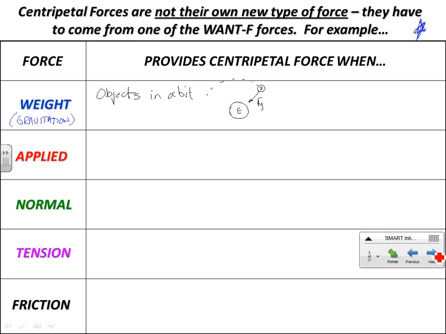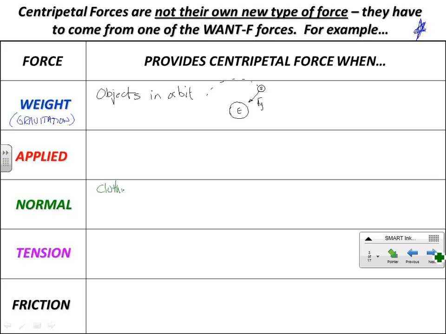I'll show you one. It's a little bit out there. Normal force, okay? When could the fact that an object's in contact with the surface make it move in a circular path? Well, how about this?